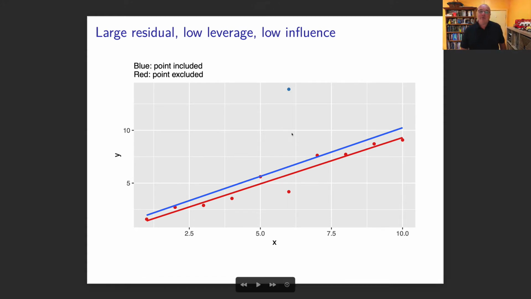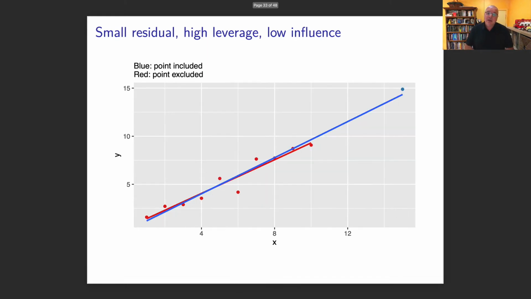Here's one now where it's got a huge residual, but it's not too bad when it comes to leverage: low leverage. So it moves the model up a little bit, but the slope's still the same and the intercept is slightly different. So it's not having a huge influence on the model. Here's one now where we have a small residual, so it's only a short way away from the line, and you can see it's got huge leverage.